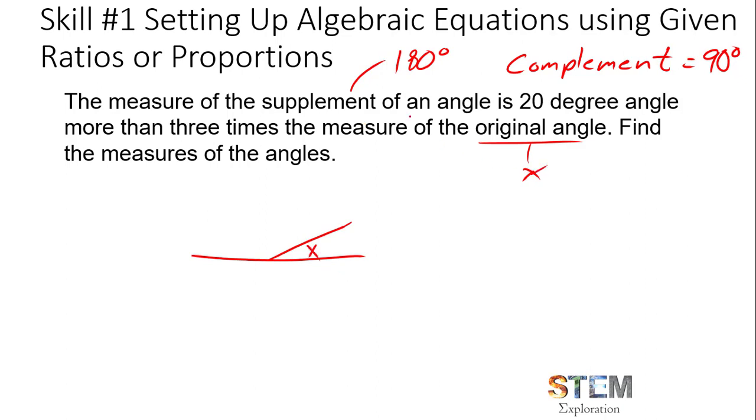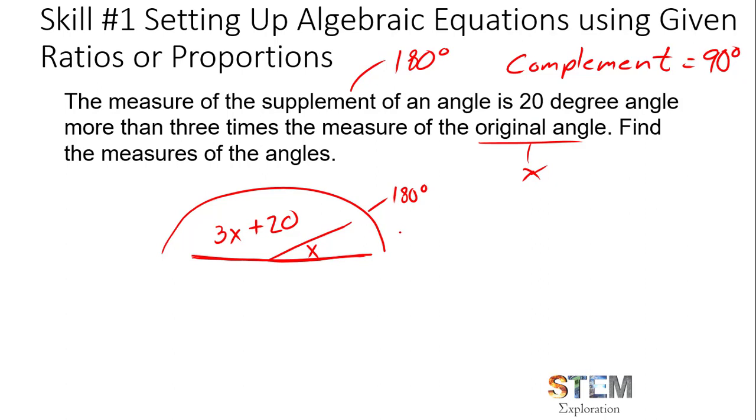And the supplement to the original angle is going to be 3 times the measure of this angle plus the 20 degree angle already being described. So this is a straight angle. These 2 angles are supplements. The combination of these 2 is 180 degrees.